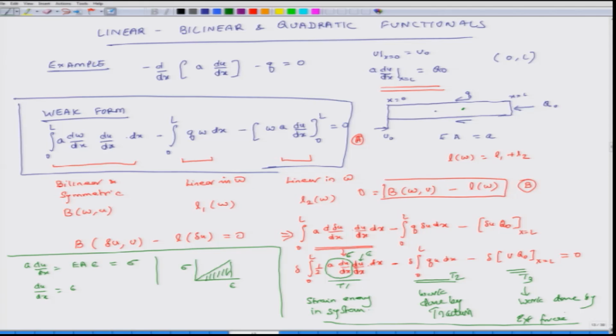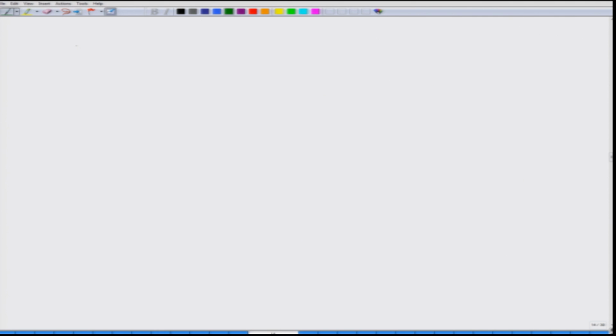So, what this means is that at least in context of this bar problem, this entire thing, see, I have put this variational symbol outside. So, I can write the entire equation as variation of pi, where pi is the potential energy of the system.